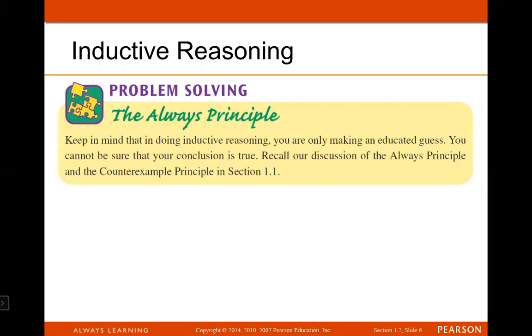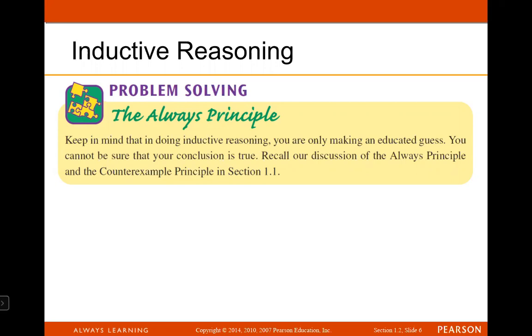One of our problem-solving techniques was the always principle, right? Keep in mind that with inductive reasoning, you're only making an educated guess. You cannot be sure that your conclusion is true. Recall our discussion of the always principle and the counterexample principles in section 1.1.